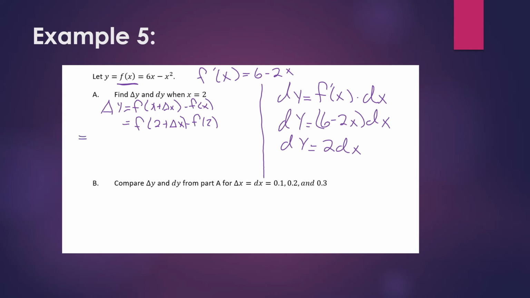So this will give me 6 times (2 plus delta x) minus (2 plus delta x) squared minus, if I plug in 2, 6 times 2 is 12, minus 2 squared, 4, so 12 minus 4 is 8.